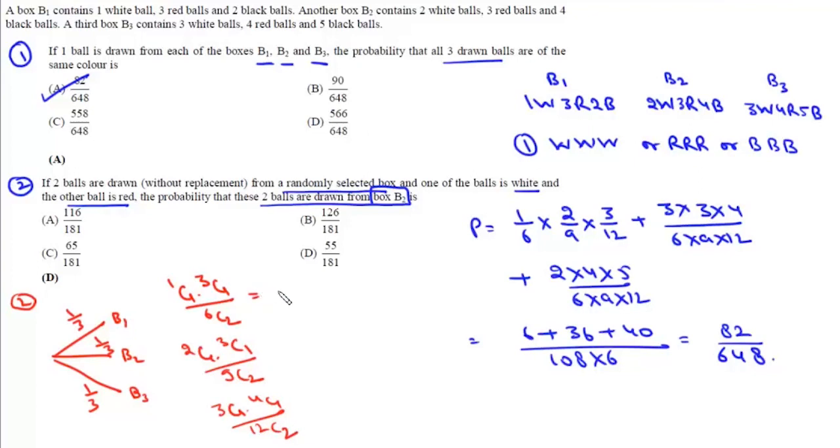Now this is 3 by 15, and 3 by 15 is 1 by 5, and this is 6 by 36, which is 1 by 6, and here it is 12 upon 66, which is 2 by 11.